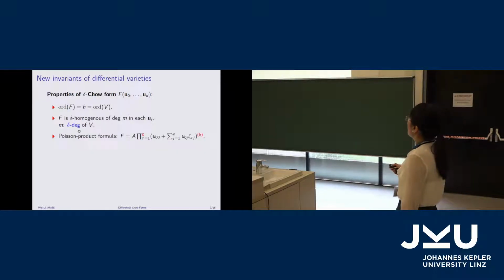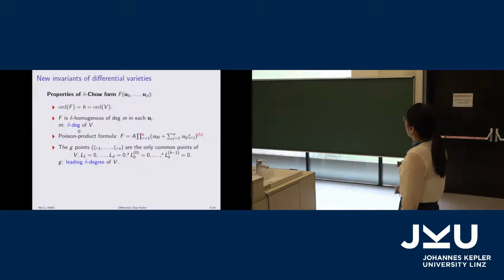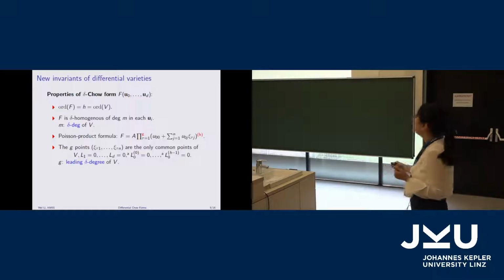And we also have the Poisson type product formula. And here, this is the eighth derivative of the linear vector. And the number of linear vectors has a similar geometric meaning to the degree of algebraic varieties. We call it the leading differential degree.